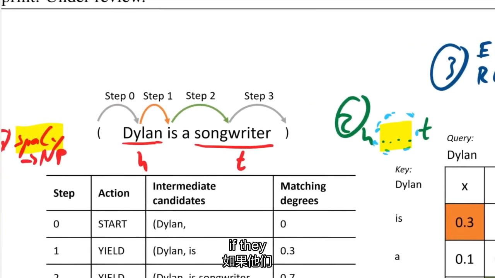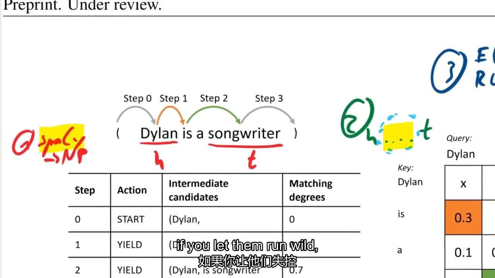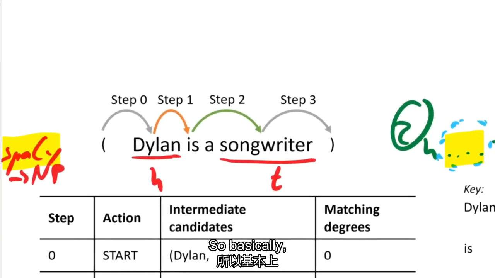I'm going to guess that if they didn't constrain their problems so much, they would maybe have a better recall, but their precision would just plummet, because if you let these things run wild, they just over-extract. So basically every verb in every sentence is going to be a relation, right? Like, I ate a banana.